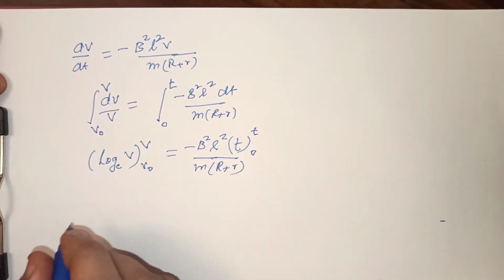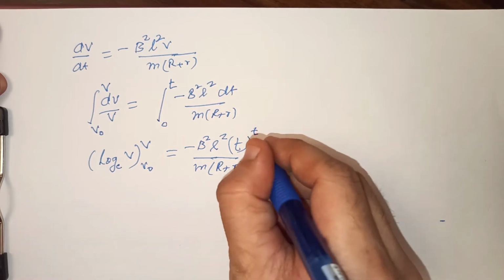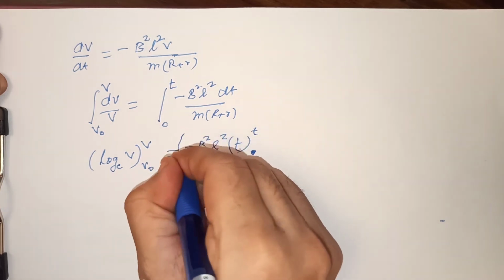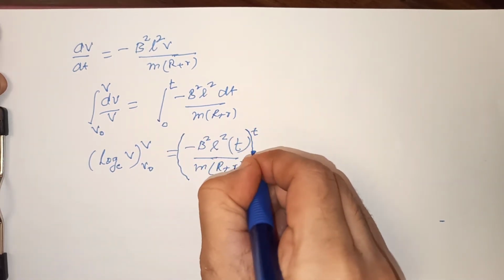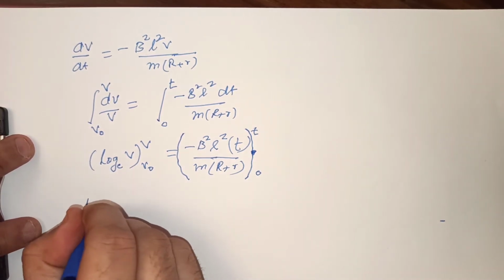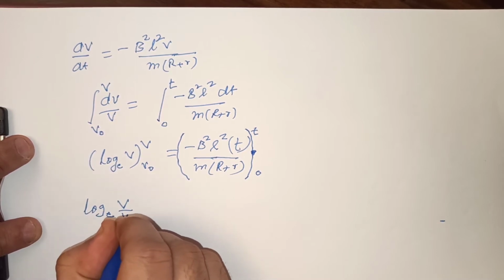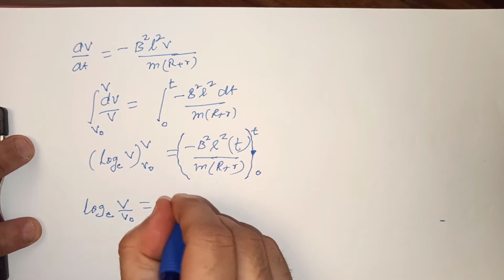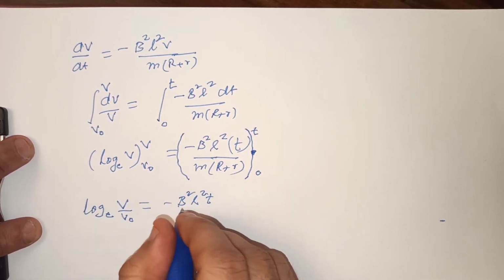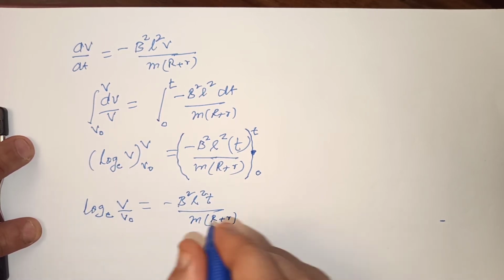I'm sorry, the lower limit is 0, so I have to basically write it like this. Now I can write log e of V by V naught is equal to minus B square L square T by M into R plus r.